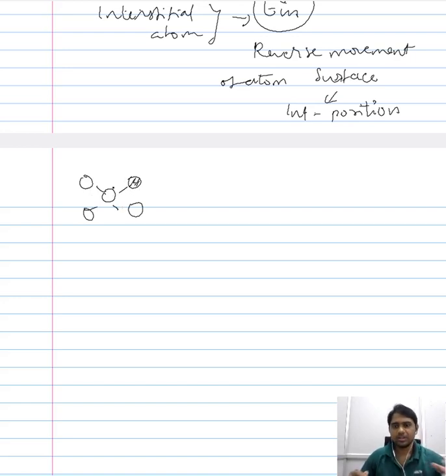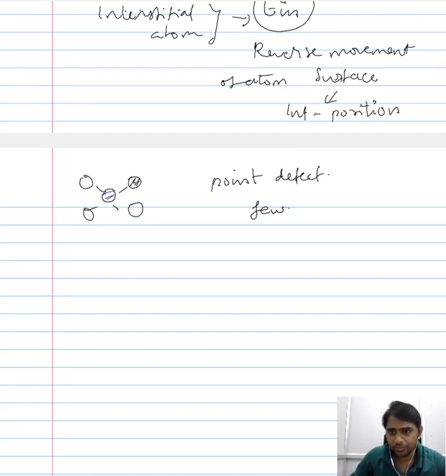So this is the interstitial atom and this is the vacant site. The point defect is largely associated with, or its influence is largely with respect to, a few atomic spacings.